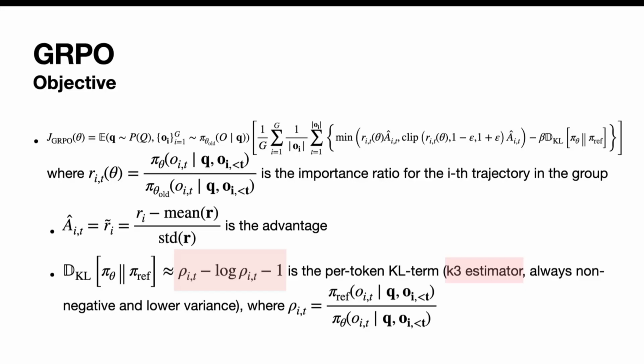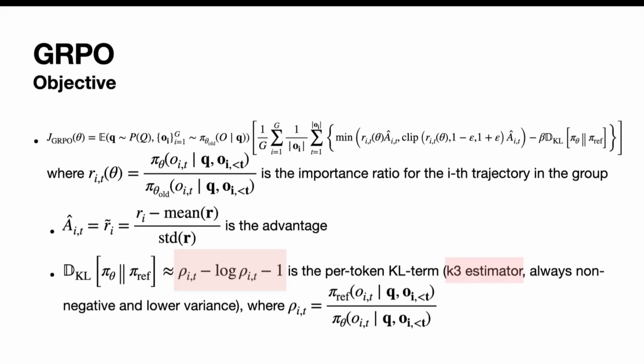Specifically, K3 approximates the KL as rho minus log of rho minus 1. Here, rho is the ratio of reference to current probability for the token, pi ref of o_it divided by pi theta of o_it. Compared with the K1 estimate we used in PPO, the K3 estimator is always non-negative and usually has lower variance.